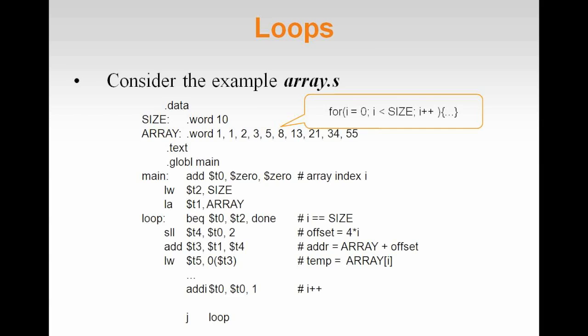Now remember that shifting left once is equivalent to multiplying by 2. So shifting left twice naturally implies that it's equivalent to multiplying by 4. We add this offset to the base address of the array and load the word from the location into T5, and that's where we do that.